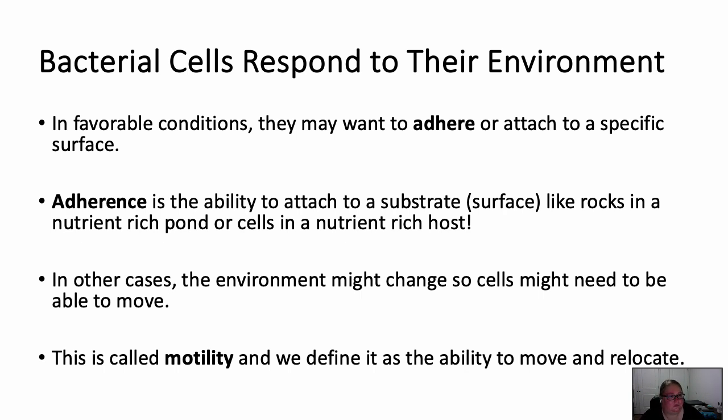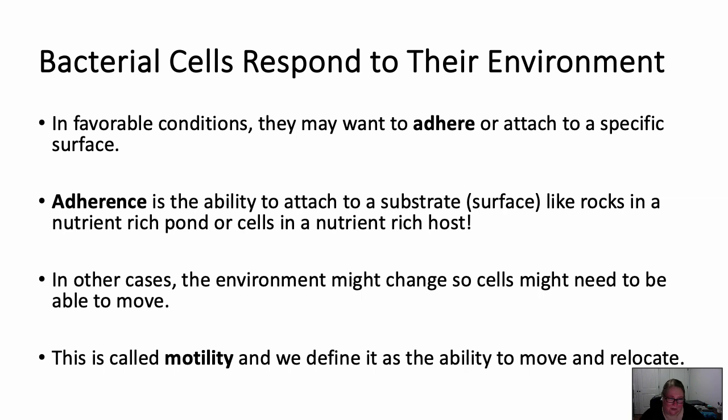As we said, an environment can start out as good, just like it can for humans, but an environmental change or a natural disaster can change the conditions so that they're inhospitable for bacteria as well as humans. So when the environment changes and the cells can no longer survive there, they need to leave.